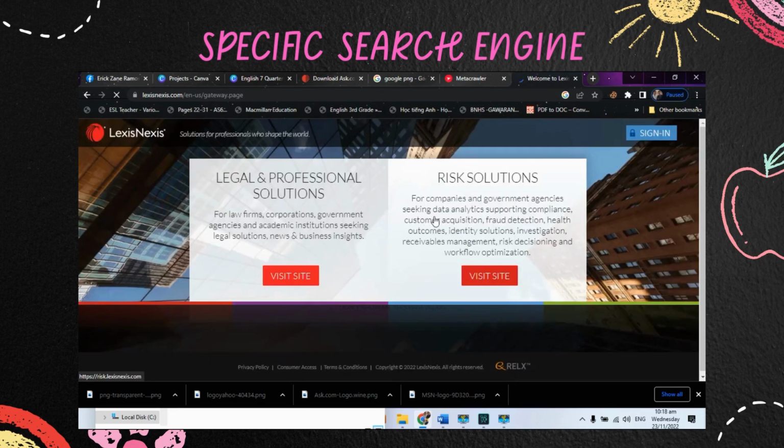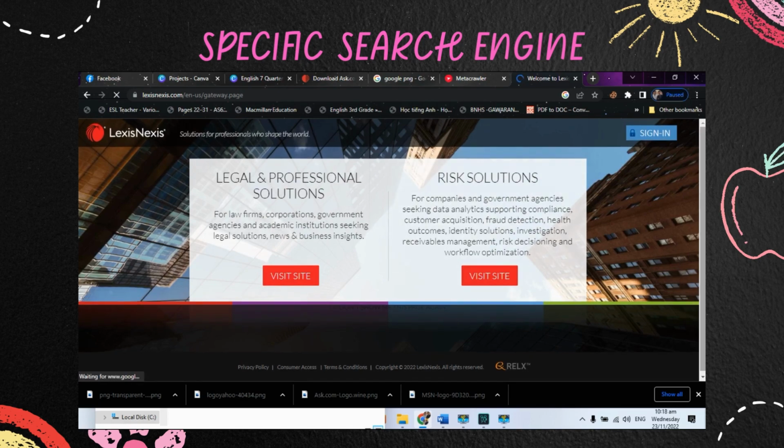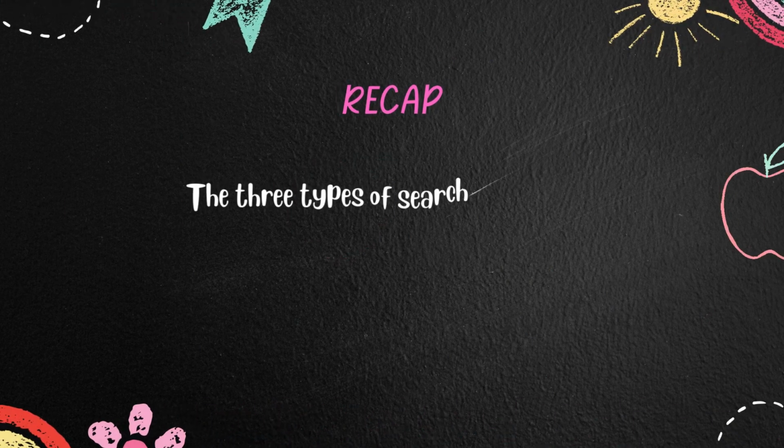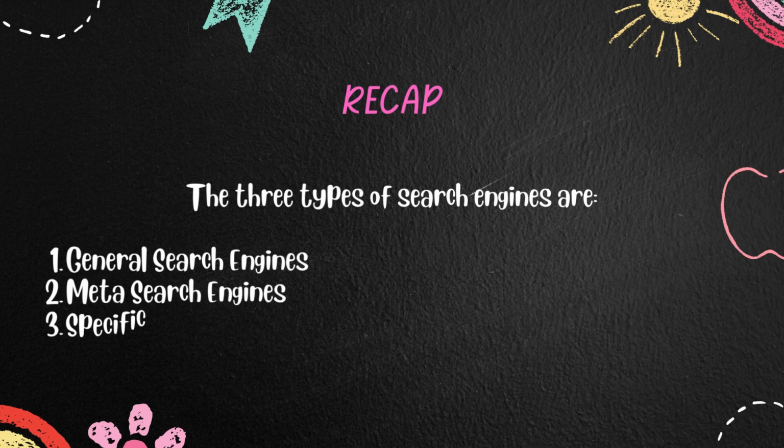Okay, so let's do a quick recap, right? The three types of search engines are, of course, general search engines, meta search engines, and specific search engines.